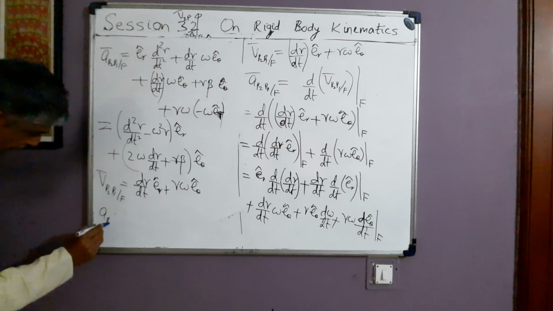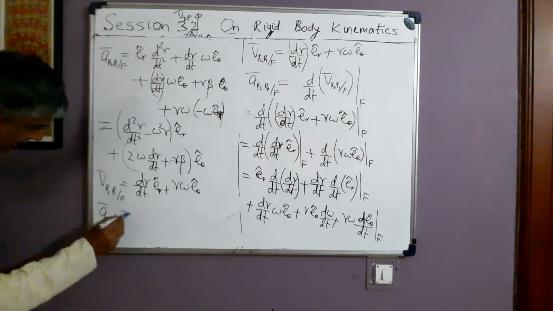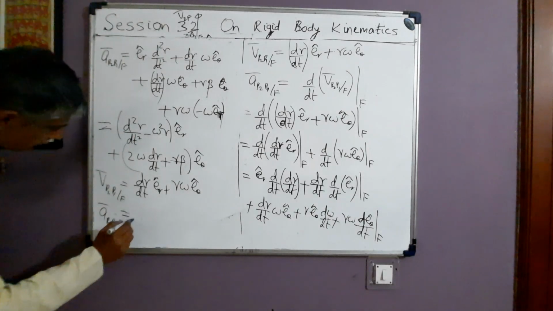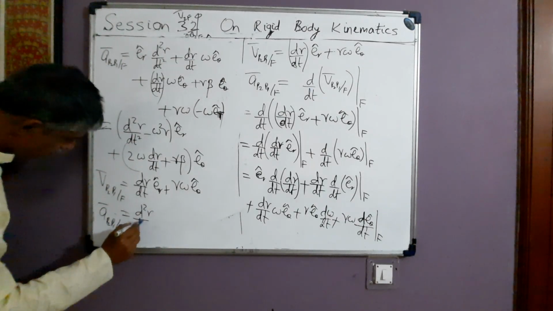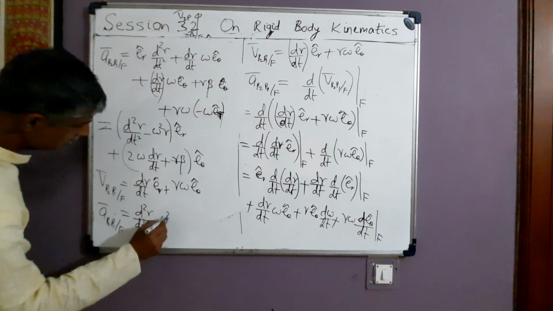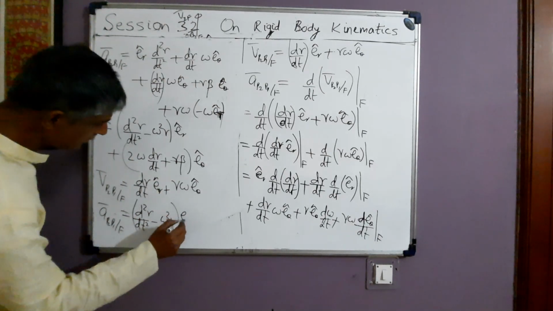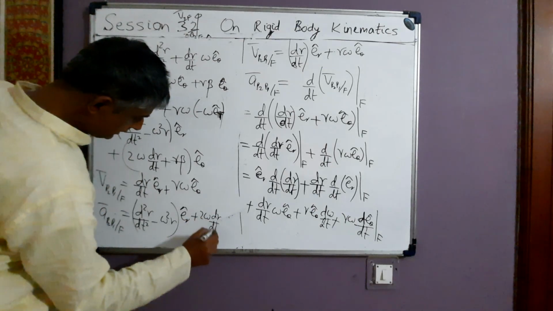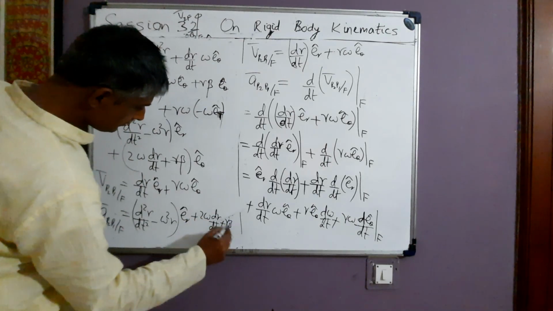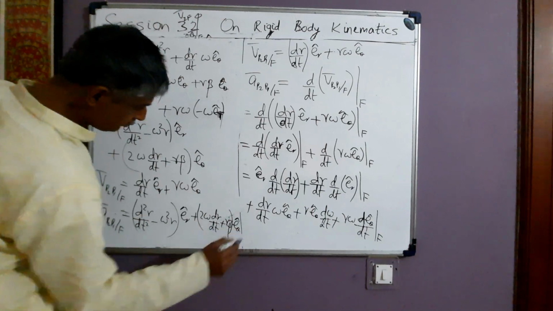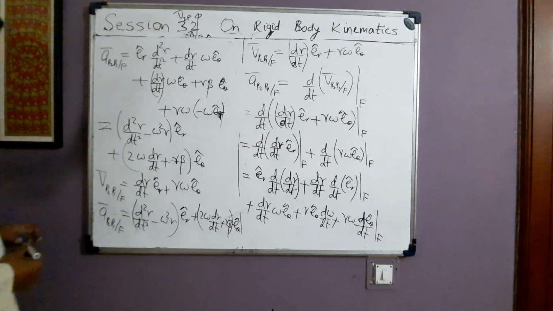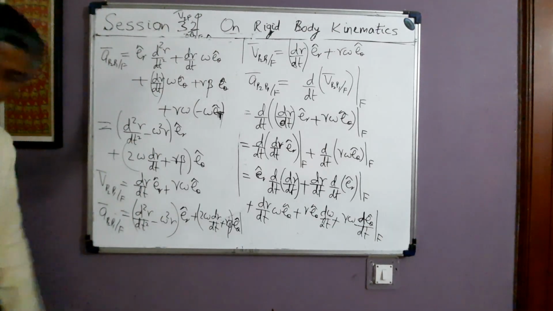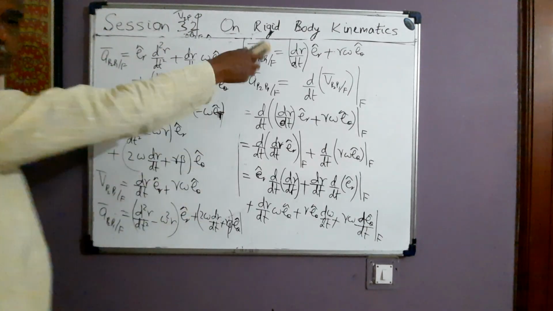And a_P2/P1 in frame F, the relative acceleration for the case when the two points are confined to move in the same plane, is equal to d2r/dt2 minus omega squared r into e_r hat, plus 2 omega dr/dt plus r beta into e_theta hat. Okay, fine.